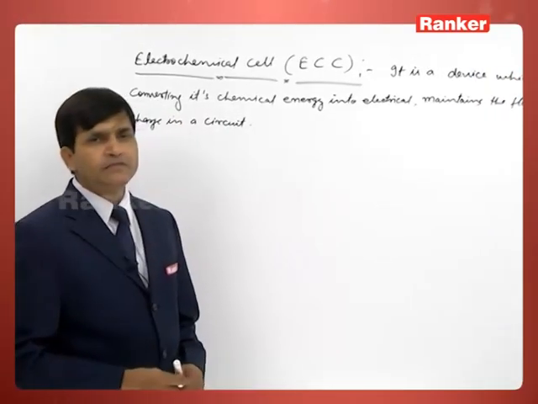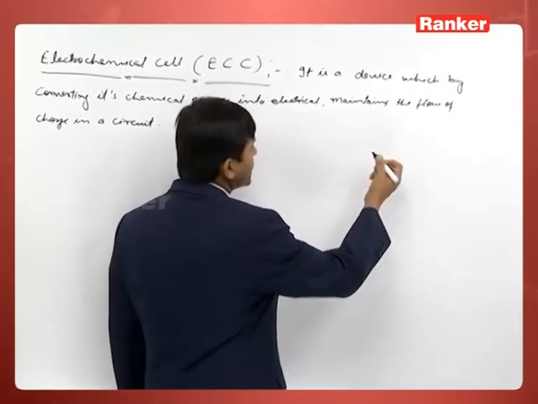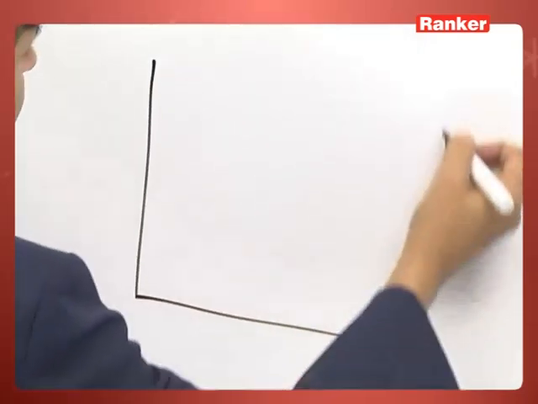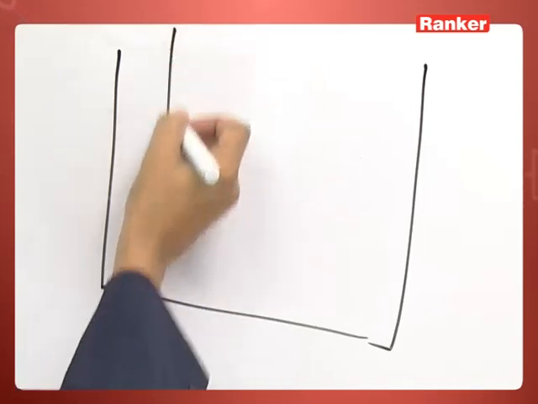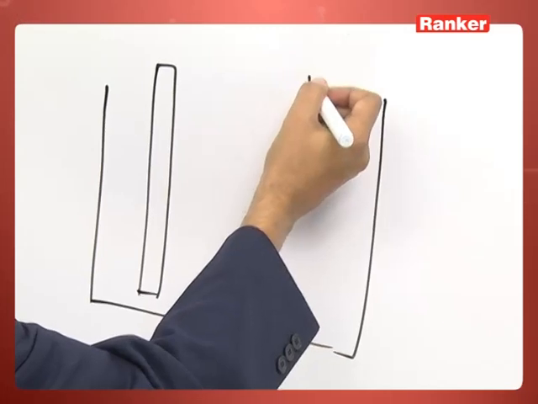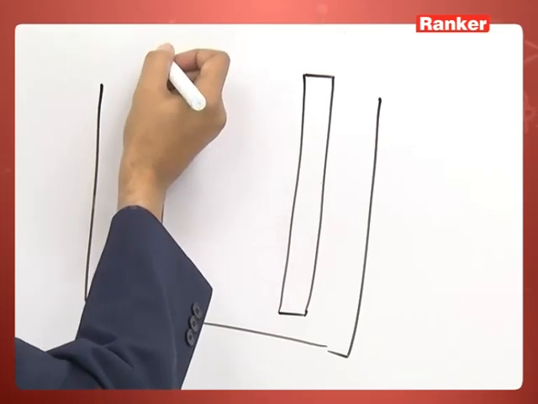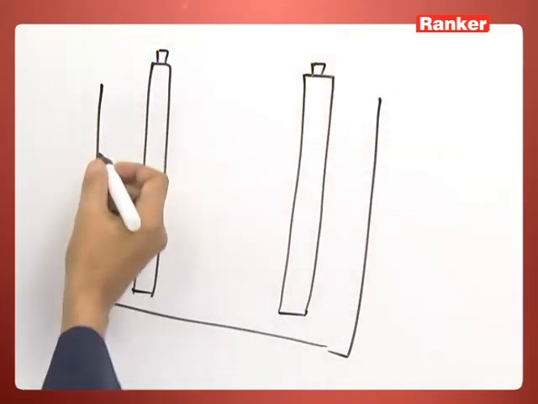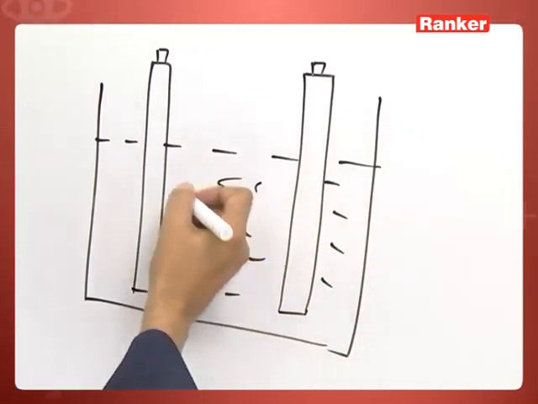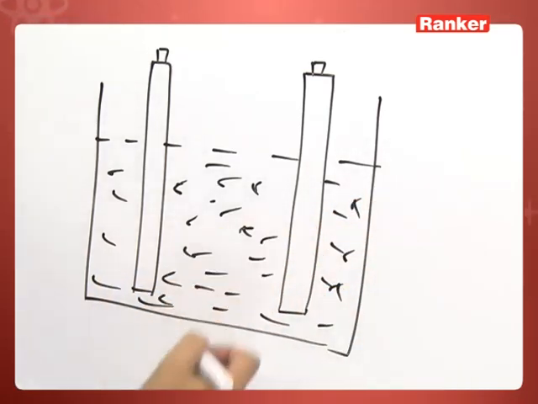How it does that, we would like to see here. First, see the construction diagram of a cell. In the cell we have two electrodes. Let this be one of the electrodes, and this is another electrode, and these two electrodes are immersed in electrolyte solution.